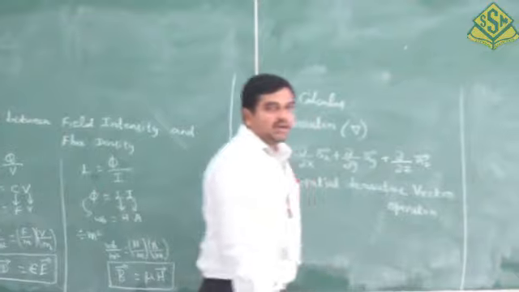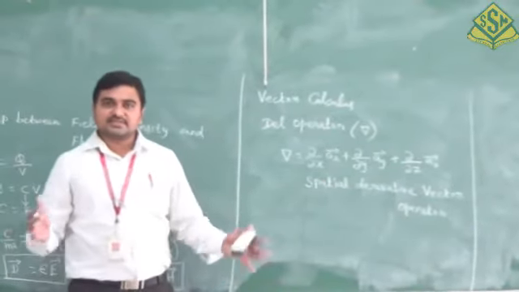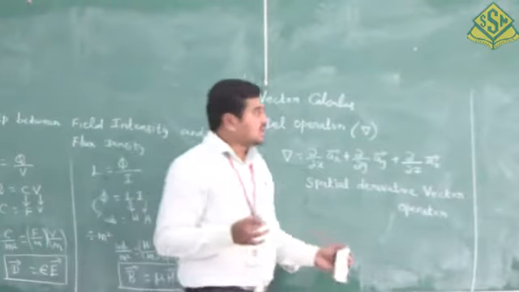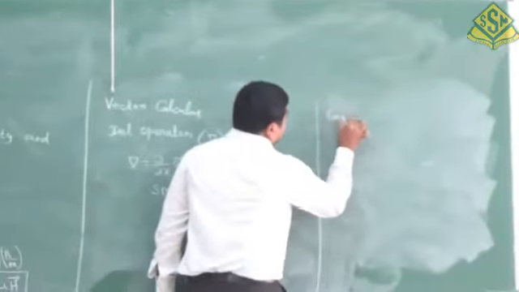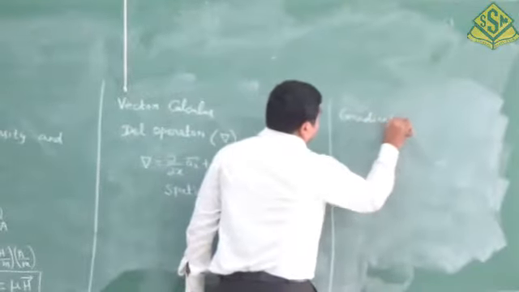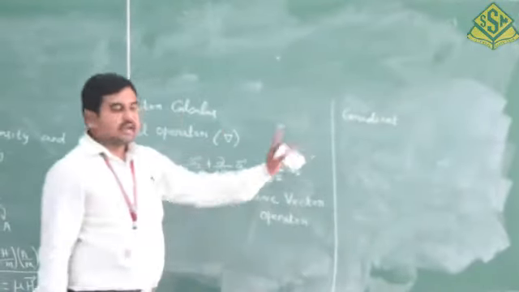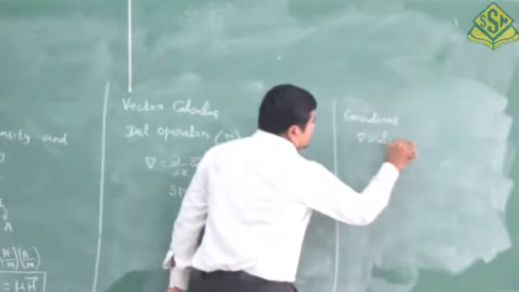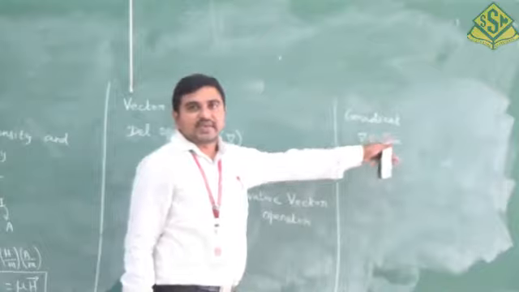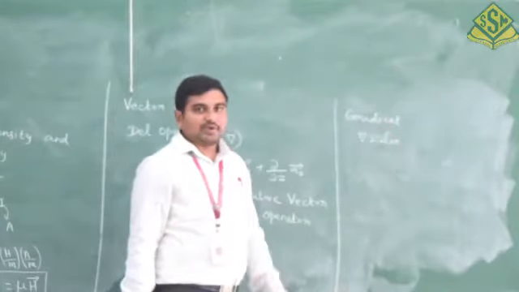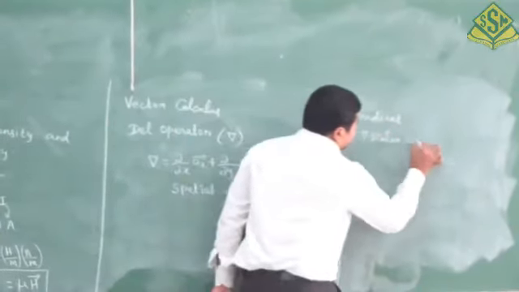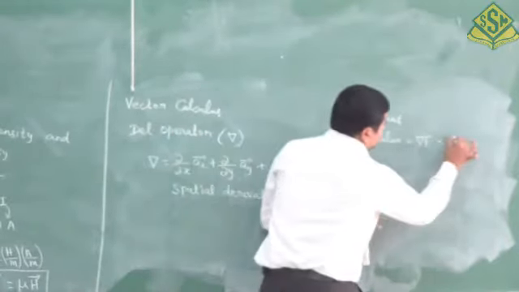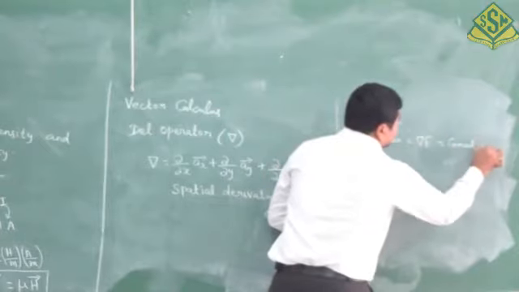Whenever we need the maximum value in a particular direction, we need the gradient. The gradient means del operating on a scalar value, that is del f is equal to gradient.